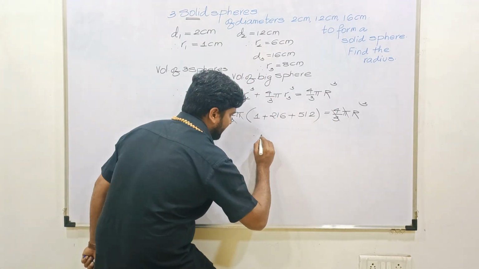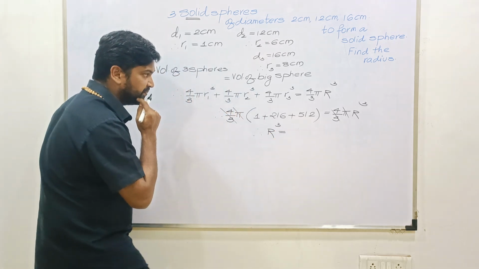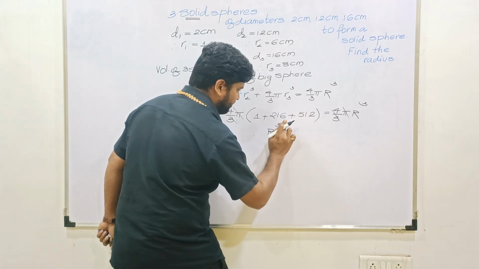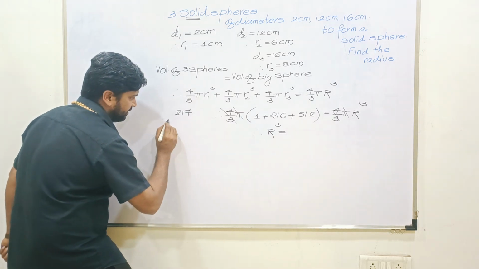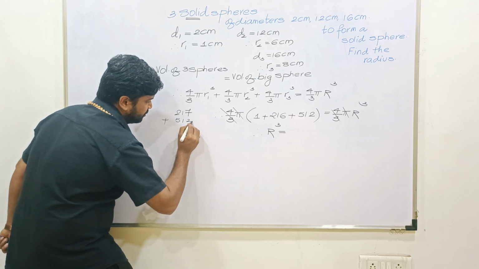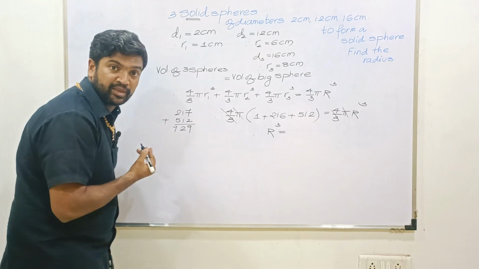Okay. Now let us add this. So I'll be getting R cube is equal to, I'll add this. So 216 plus 1 is how much beta? 217 plus 512. So I'll add 512. So clearly I'll be getting 729. Fine beta.